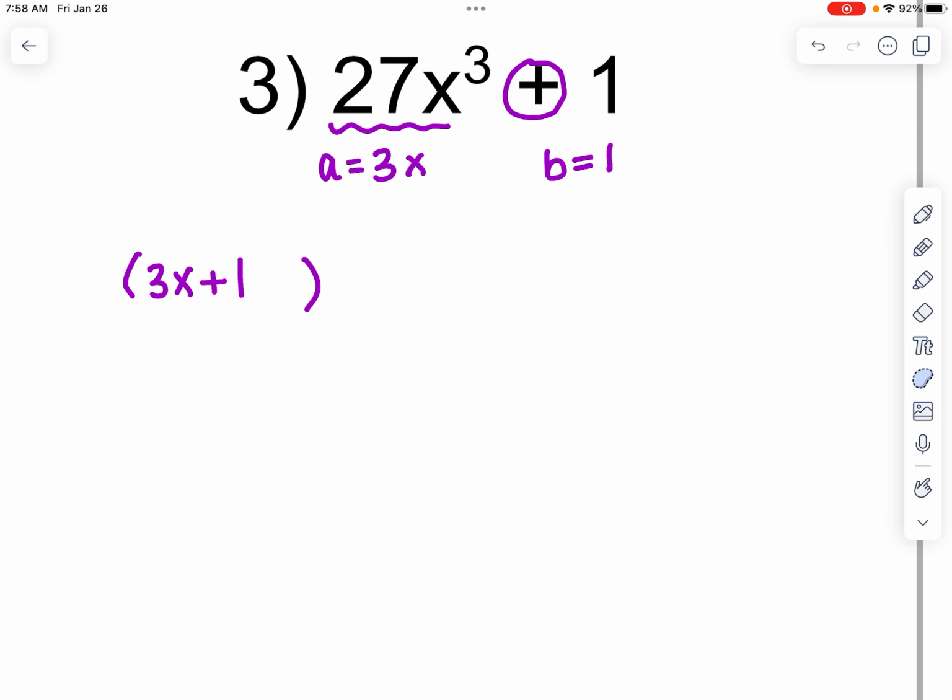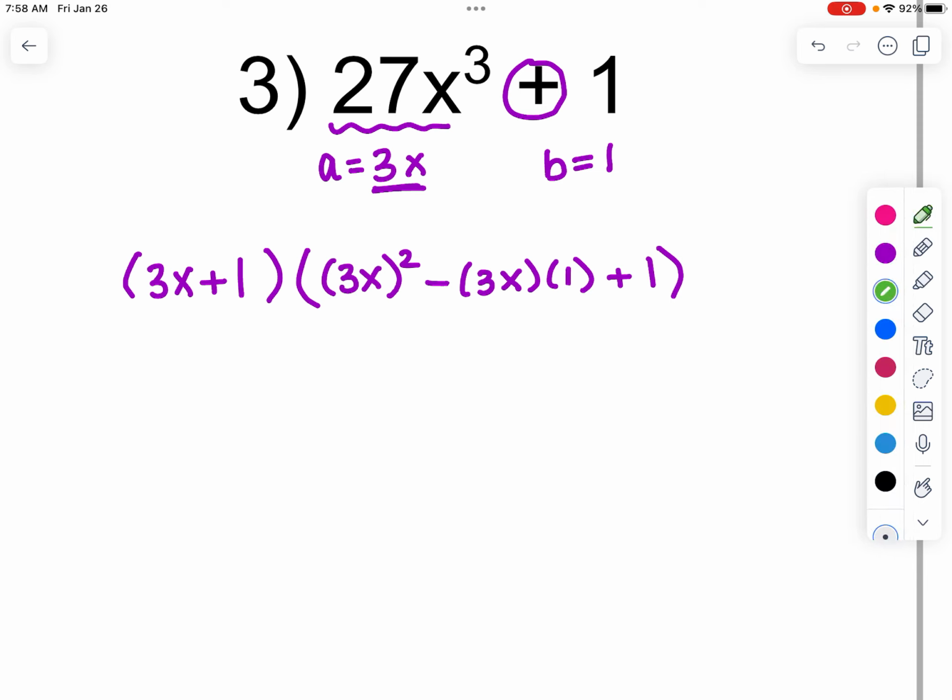Now in the second parentheses, I'm actually going to take 2 steps here. Next, it's a squared. Now, a has parts, right? It's 3 and x, so I'm going to use a parentheses here. So we're going to do 3x squared minus a times b will be 3x times 1. Always positive plus 1 squared is just 1.